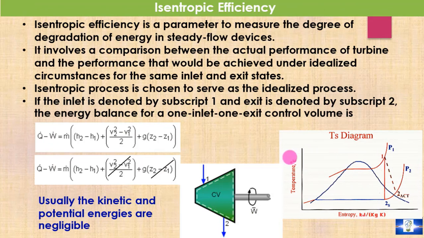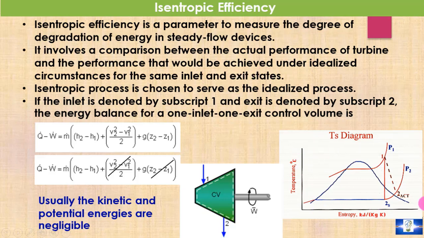In engineering analysis, isentropic efficiency is a parameter to measure the degree of degradation of energy in steady flow devices. It involves a comparison between the actual performance of the turbine and the performance that would be achieved under idealized circumstances for the same inlet and exit states.